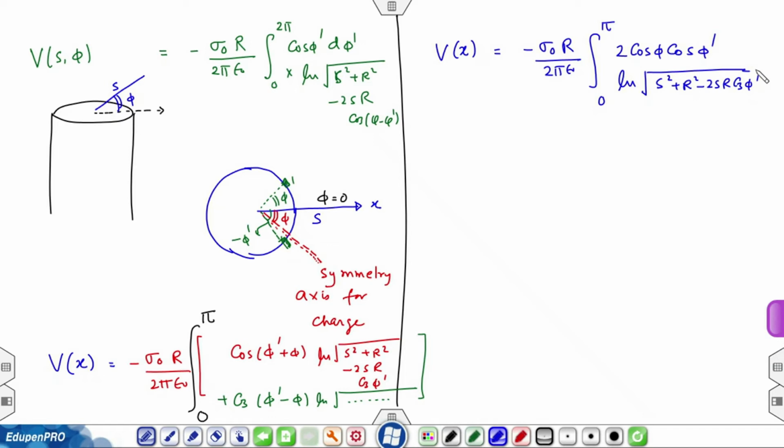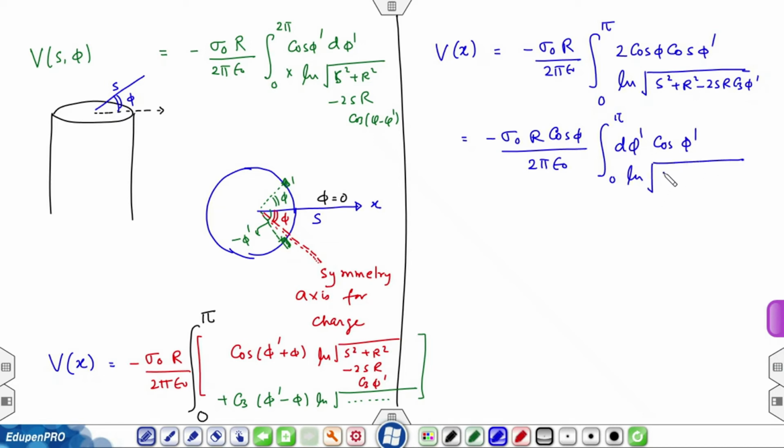which by taking 2 inside the log I can write as minus sigma naught r cosine of phi divided by 2 pi epsilon 0 integration 0 to pi d phi prime cosine of phi prime log of square root of s square plus r square minus 2 s r cosine phi prime.